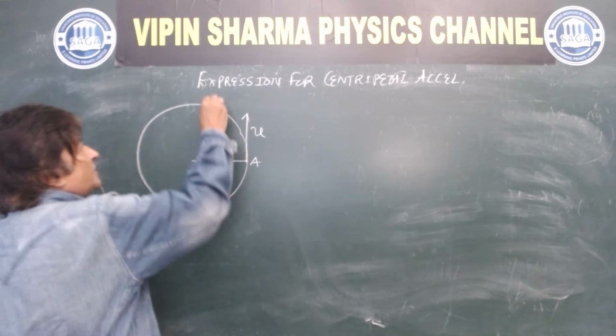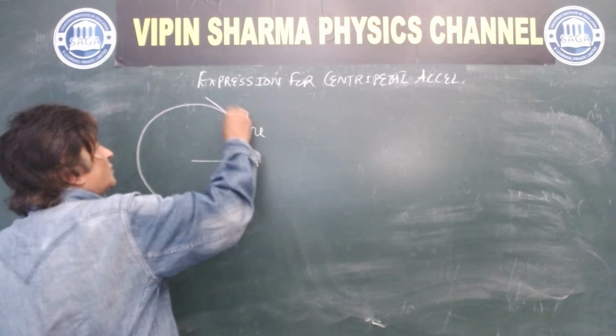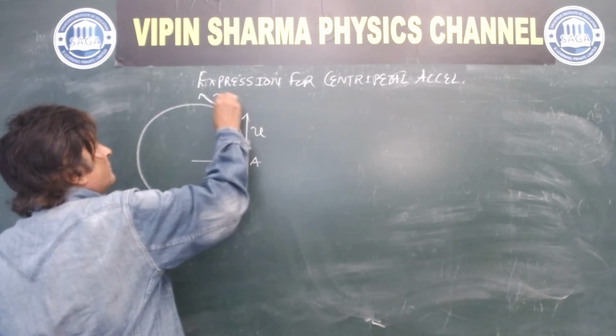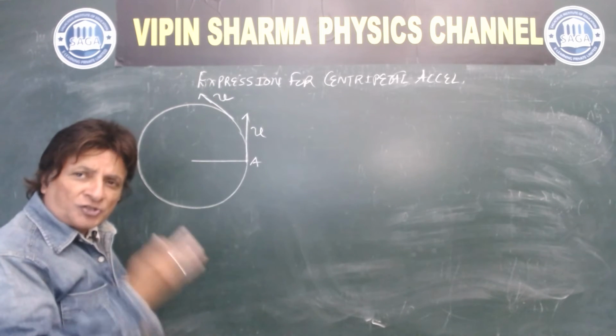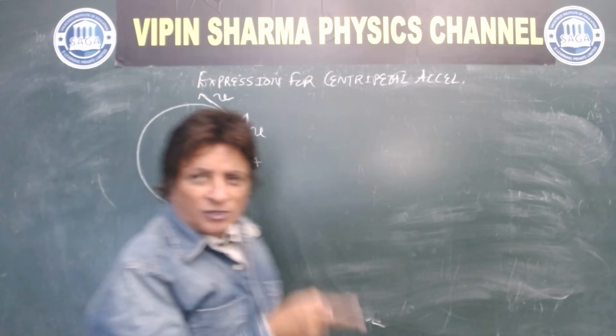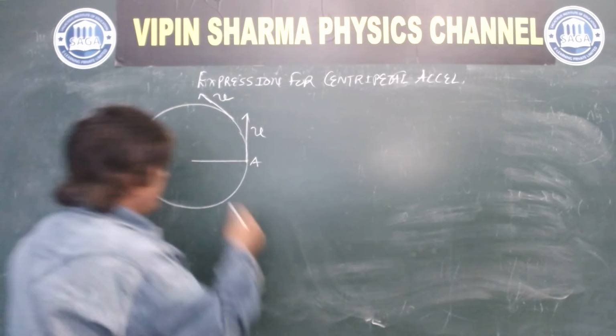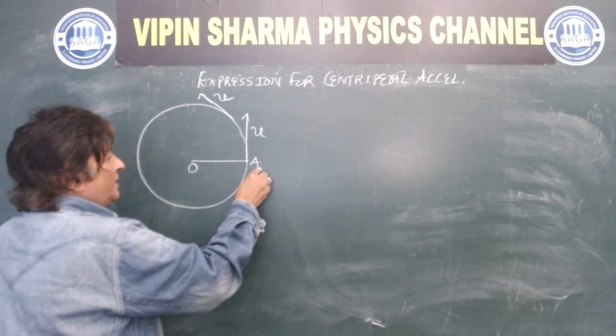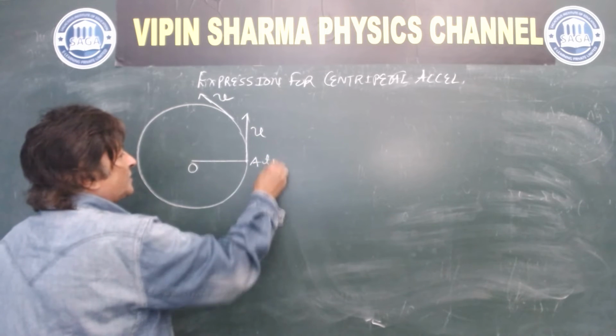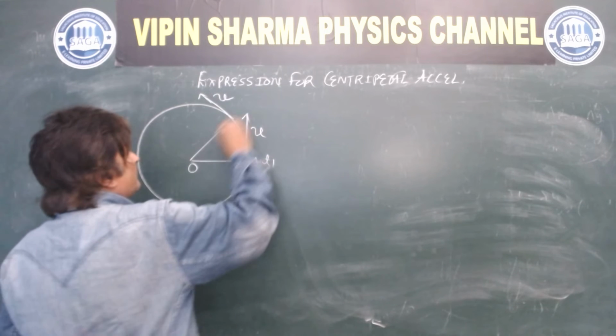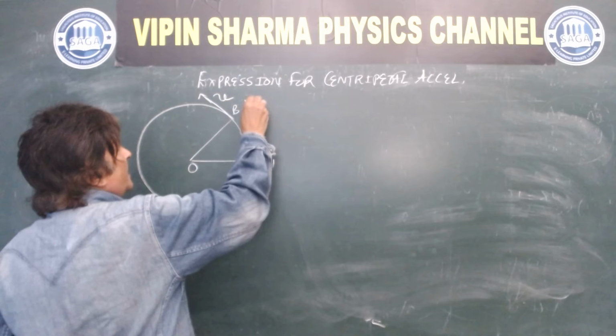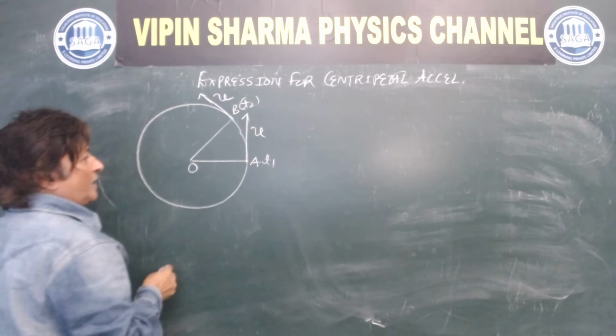At every instant, its speed is v. It's not changing. Its speed is constant. When we are here, its speed is v and the time is t1. When we are here at the position B, the time is t2, its speed is v.